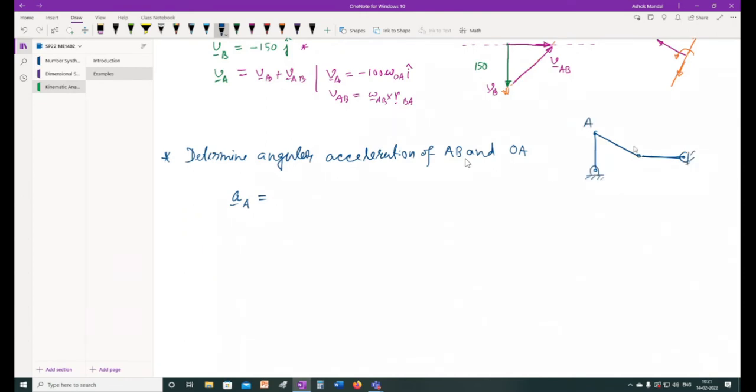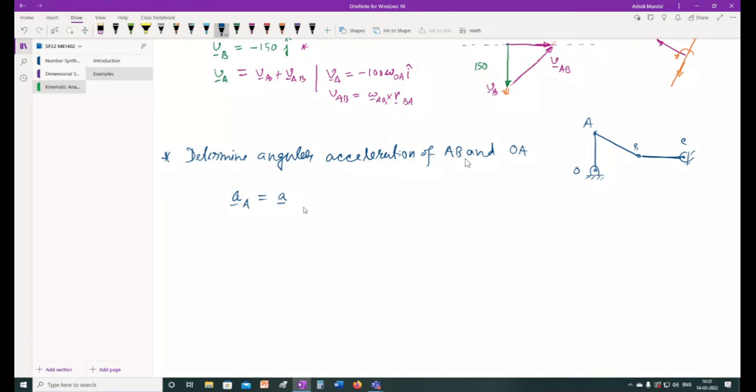This is point A, B, C, O. Right. Now tell me what should I write? What is the acceleration of point A? Let us first write it in terms of this vector equation.